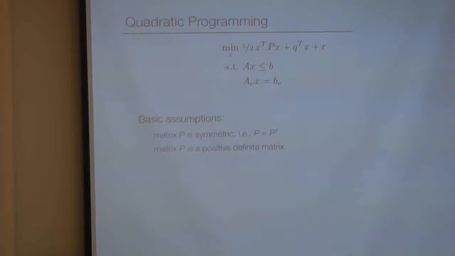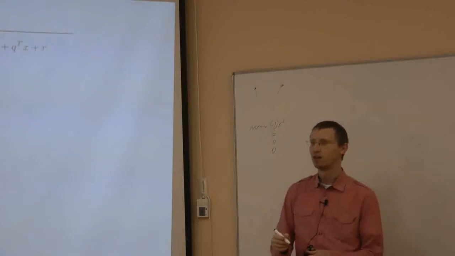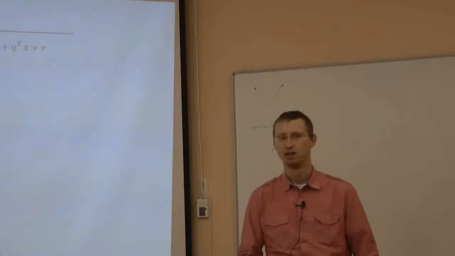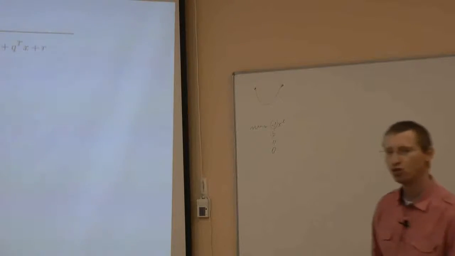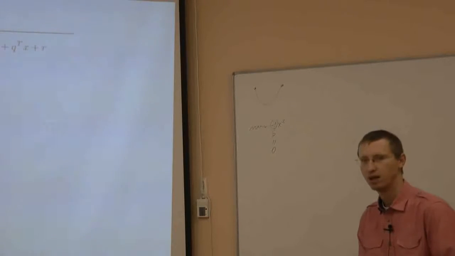Now, what we are saying here is that it could also be that P is a positive semi-definite matrix. A positive semi-definite matrix, if we have just a scalar optimization variable, would mean that P is equal to 0. However, if P is equal to 0, what kind of problem do we obtain? Because it's always about choosing the right algorithm for a particular problem. So far, we have seen linear programming.